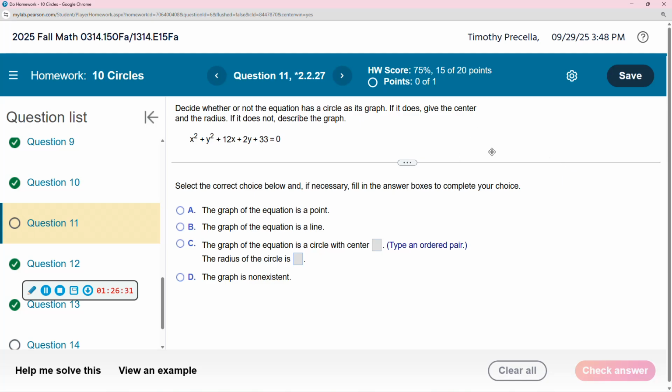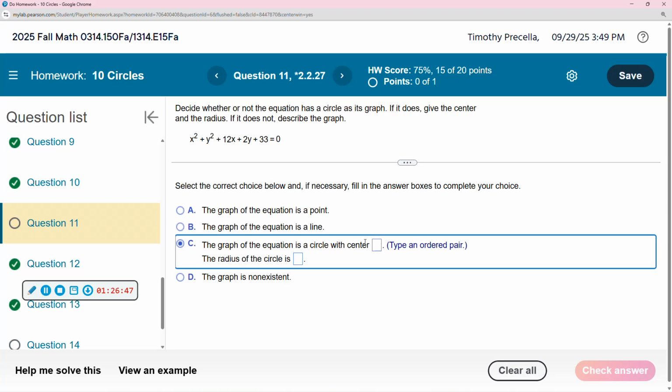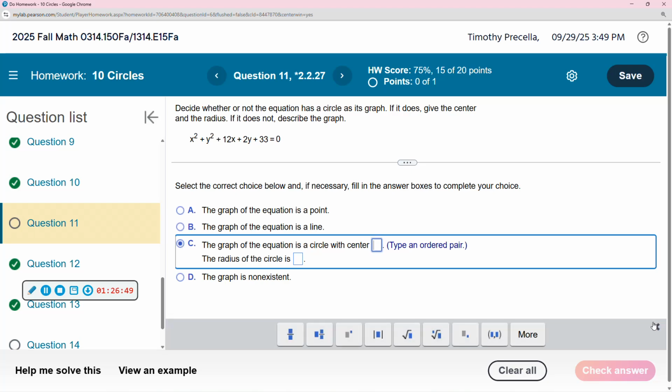They just want you to describe it. So which option would I use? A, B, C, or D? I couldn't hear you. I heard someone say something. C. C, I agree. So the center is negative 6, comma, negative 1. Okay. And the radius is 2.